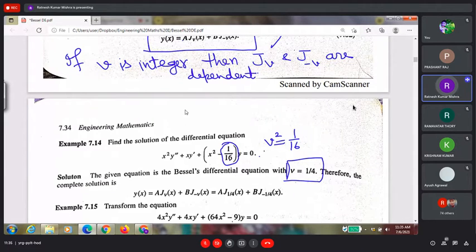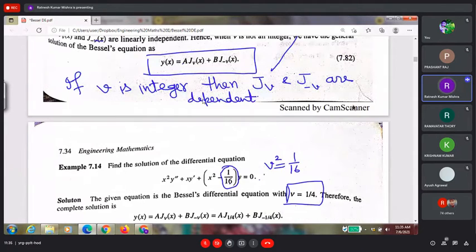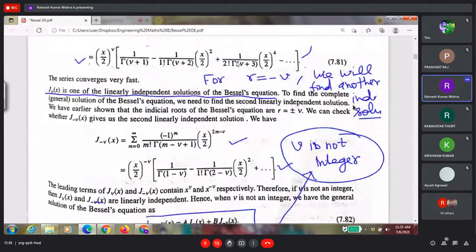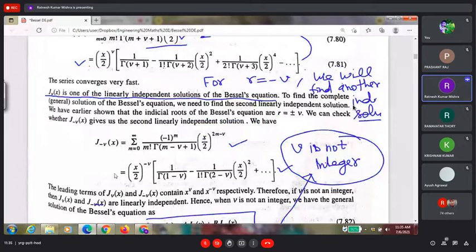So their solution is y = a J_v(x) + b J_{-v}(x), and v is 1/4, so a J_{1/4}(x) + b J_{-1/4}(x), and by this formula we can find the solution. In this one, substitute v equal to 1/4, you will get one solution.